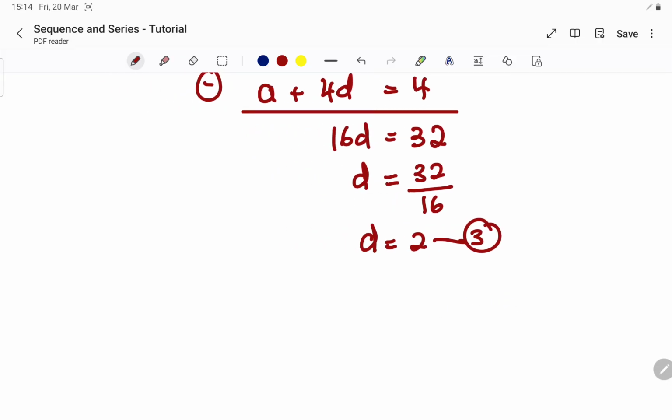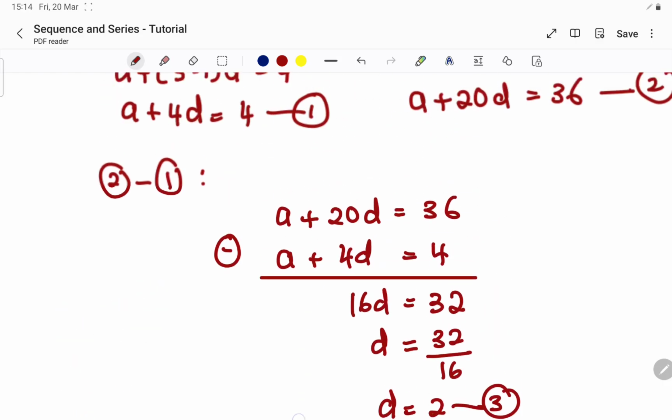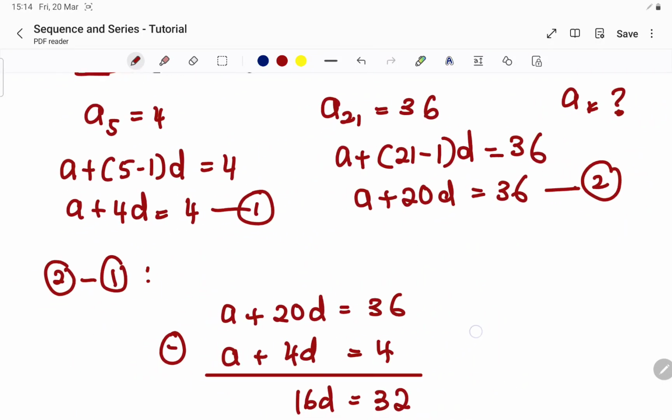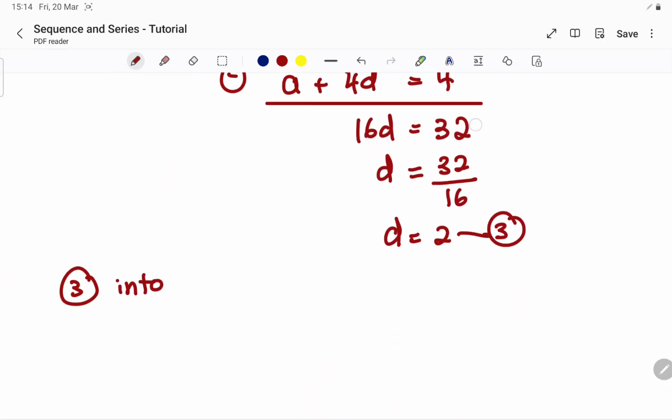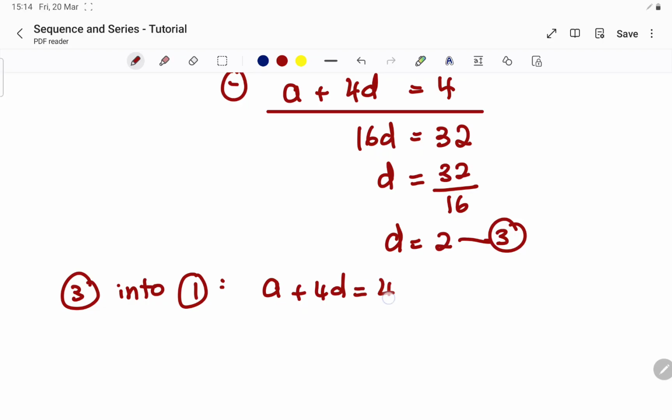Now what you have to do is substitute D equal to 2 into any equation that you want, either the first equation or second equation. Here, to make it easier, I just substitute into the first equation. Okay, where we have A plus 4D equal to 4.